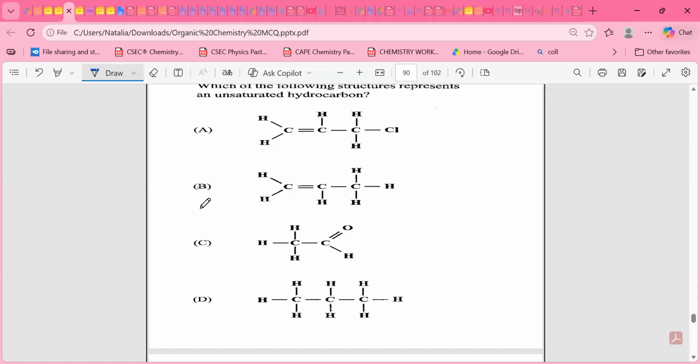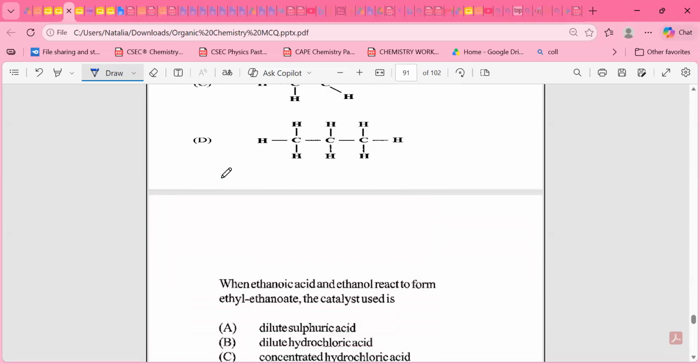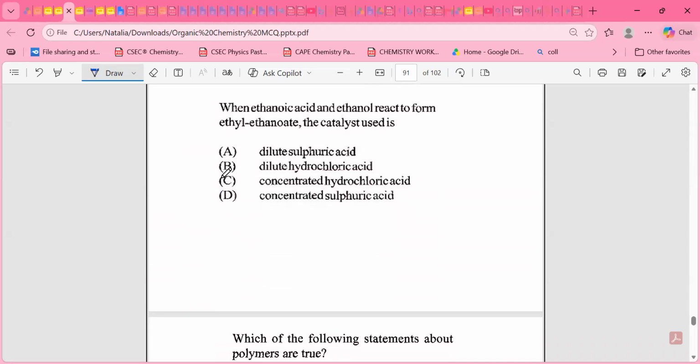B. A is not the answer because this is not hydrogen. What's the catalyst? We did this already. What's the catalyst? D.